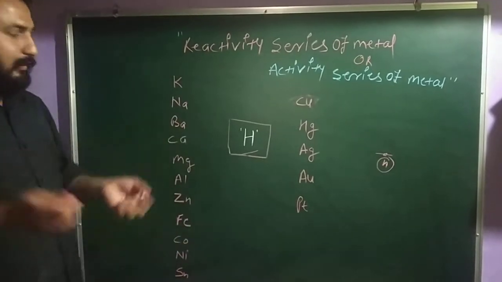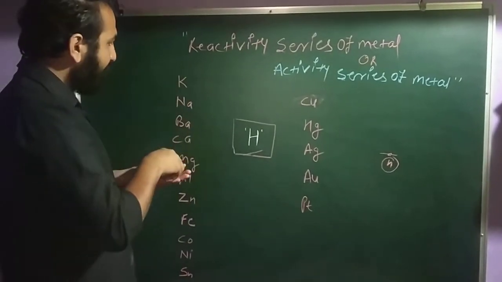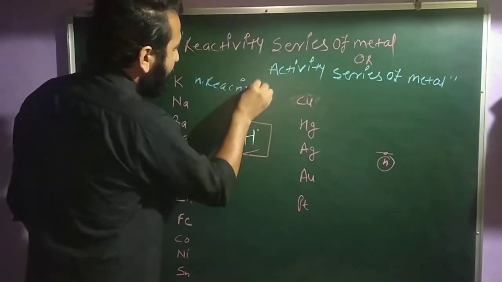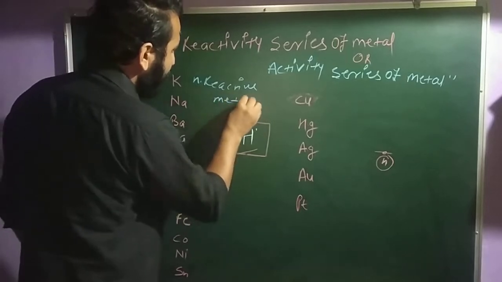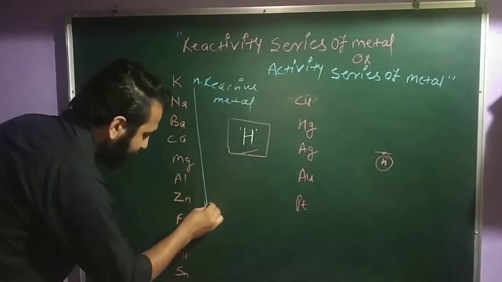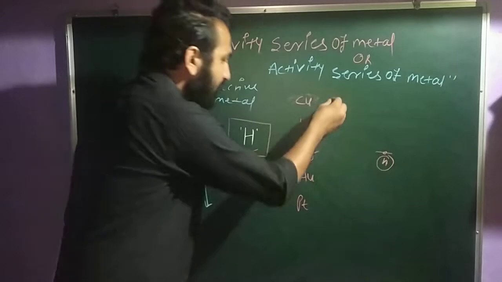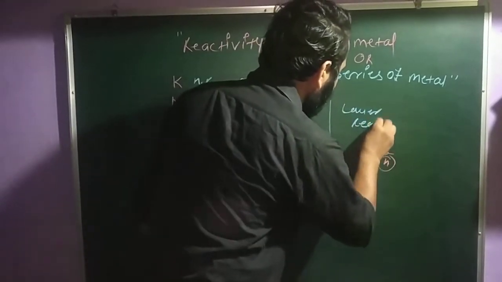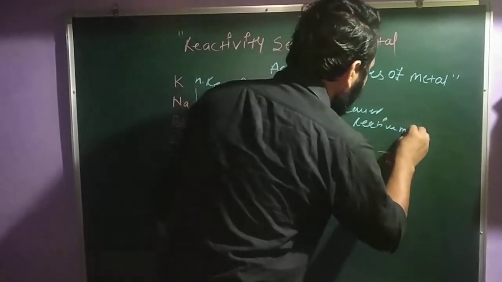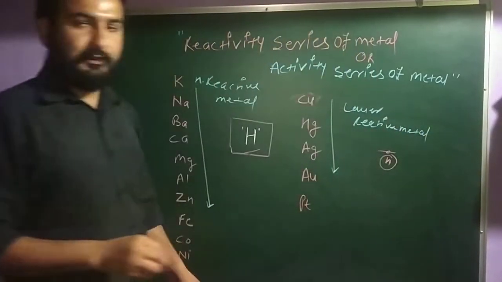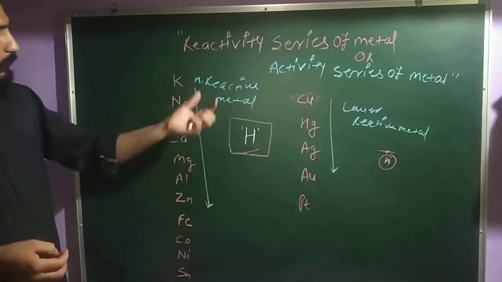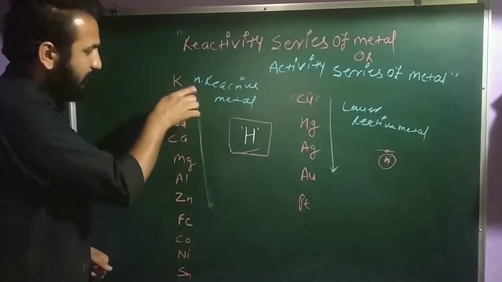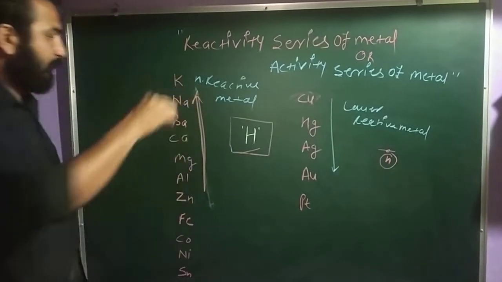So these are the higher reactive metals, and these are the lower reactive metals. Clear? So the higher reactive metals are the first ones.